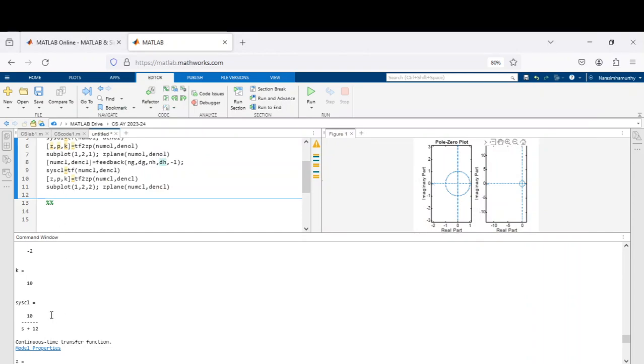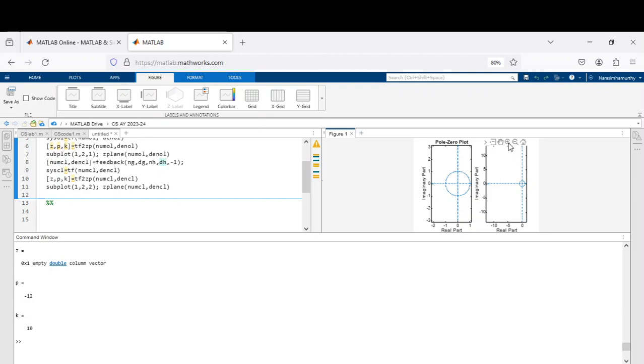Then we are trying to find out the poles and zeros of it. There are no zeros, but there is a pole at minus 12, and of course the k value is 10. And we know that this is my closed loop transfer function. If you carefully notice, this is the pole.